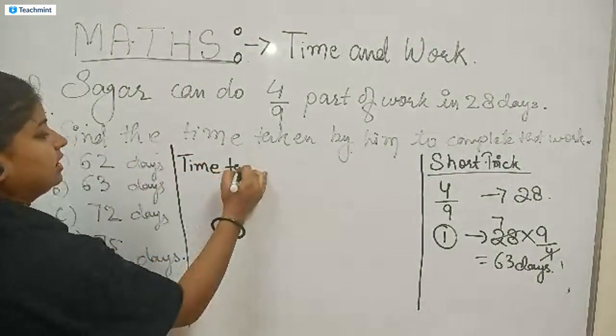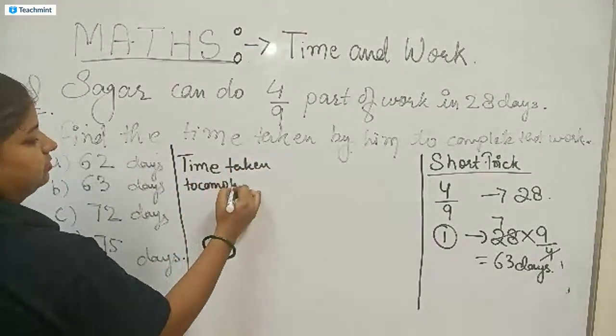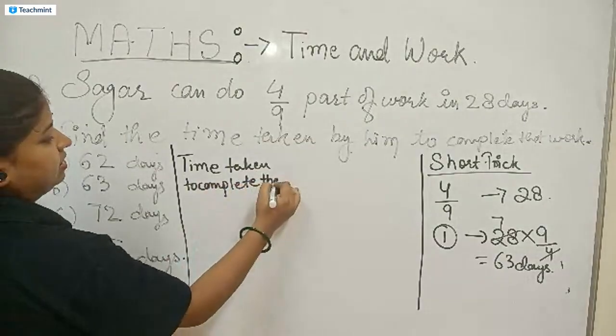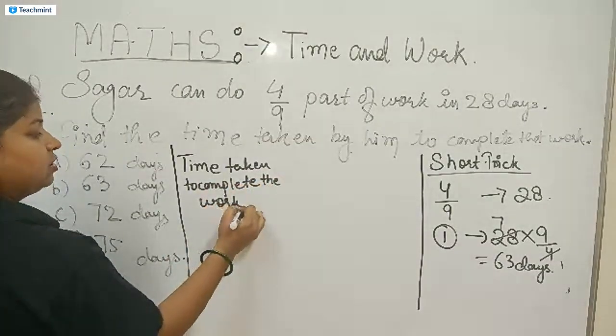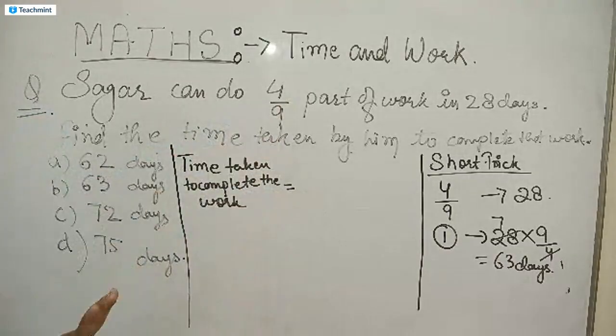Time taken to complete the work. So if part of work is given, partial work, okay, part of work means partial work. So if partial work is given, what you will do?